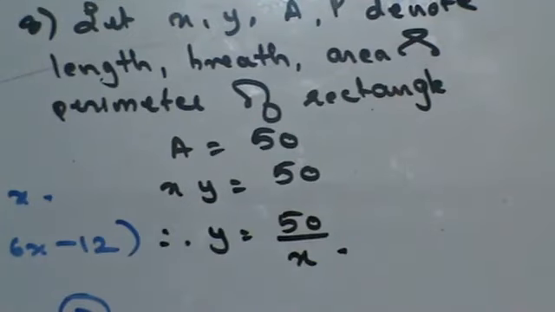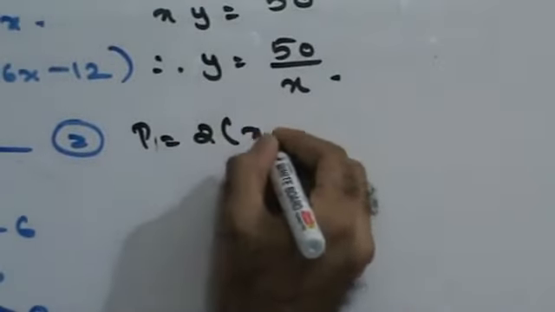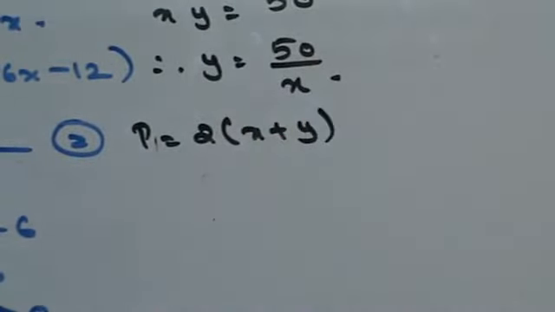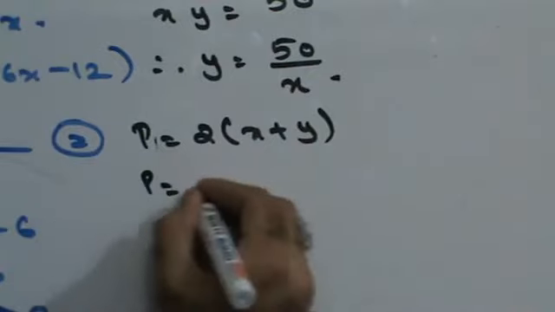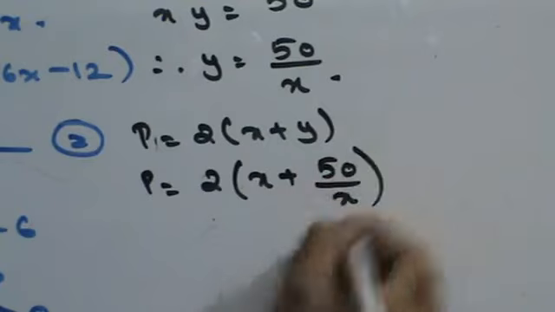Right? Once I have this, then I can say that the perimeter of the rectangle is given by the formula twice length plus breadth. So I can say P is equal to 2 times x plus y. y can be written as 50 upon x.